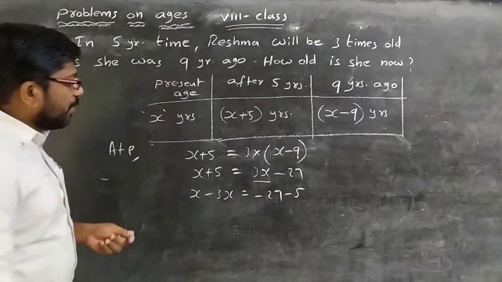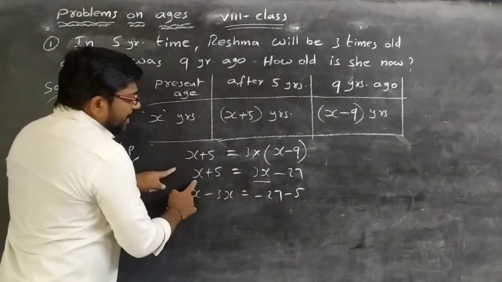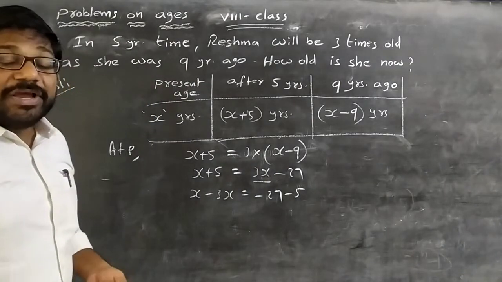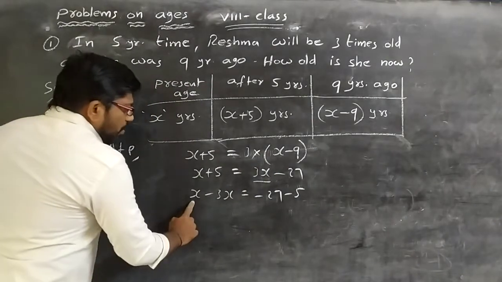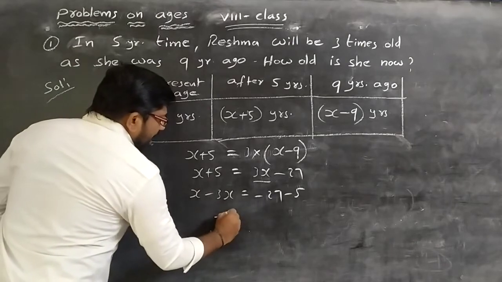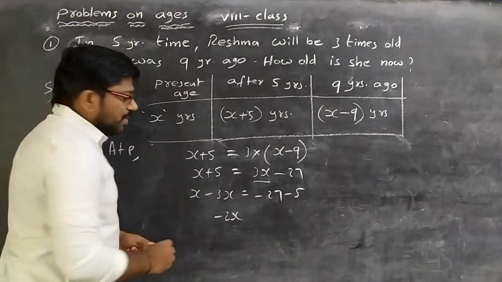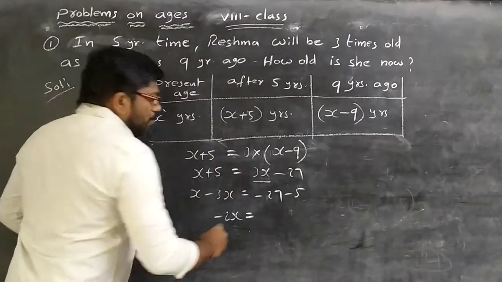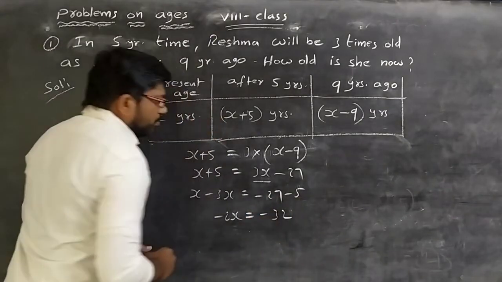In separating variables, x's go to one side and constants to the other side, by changing their signs. So x minus 3x is minus 2x, equal to minus 27 minus 5, which is minus 32.